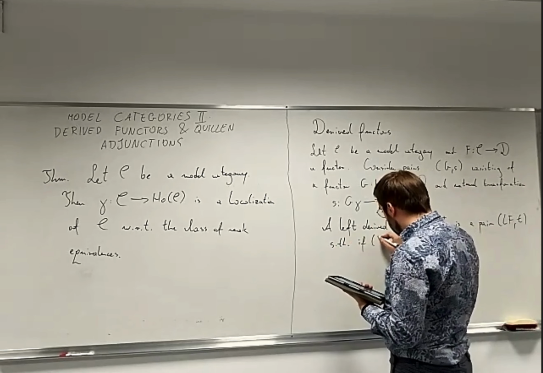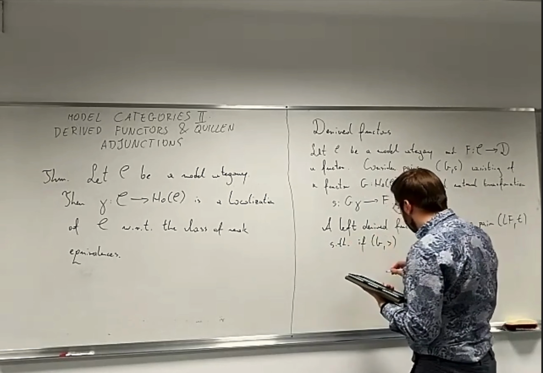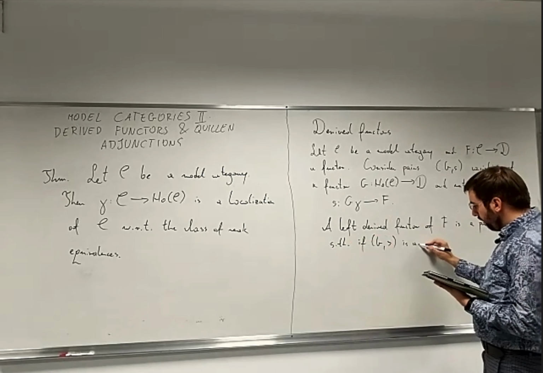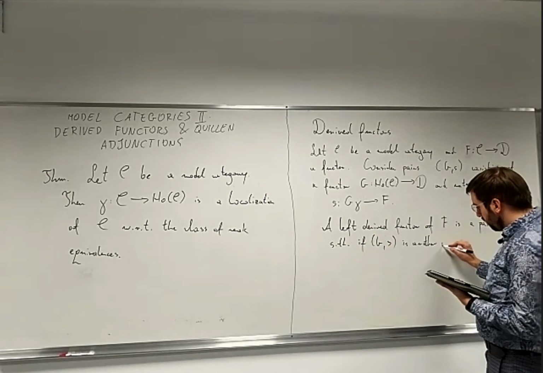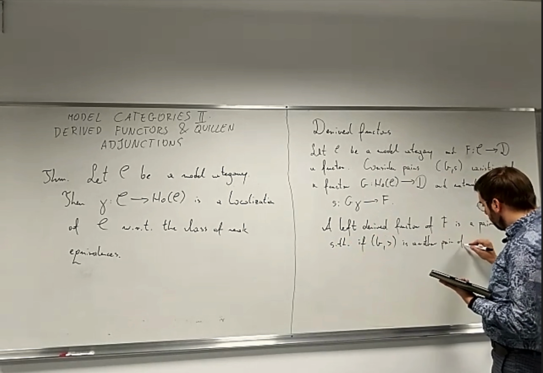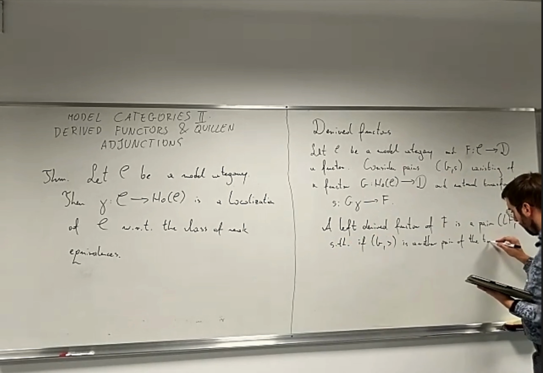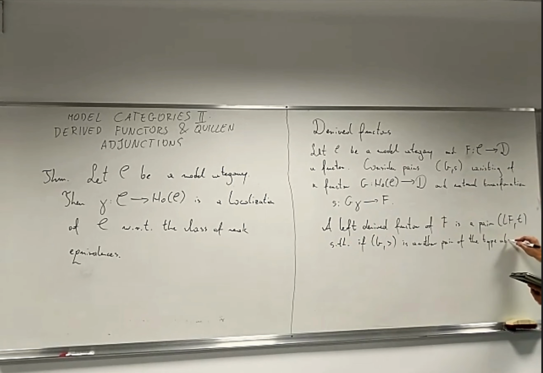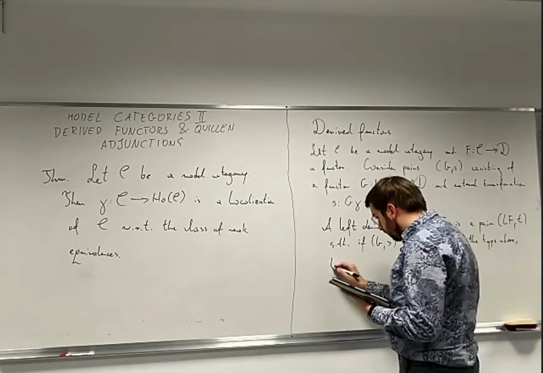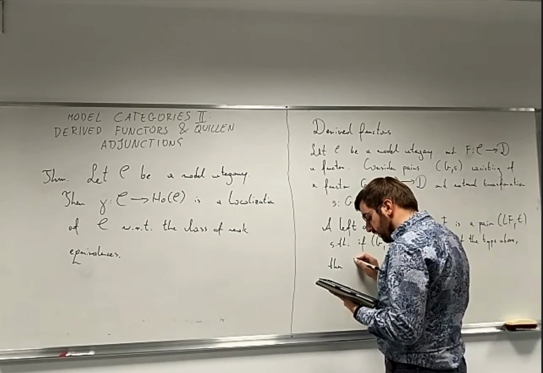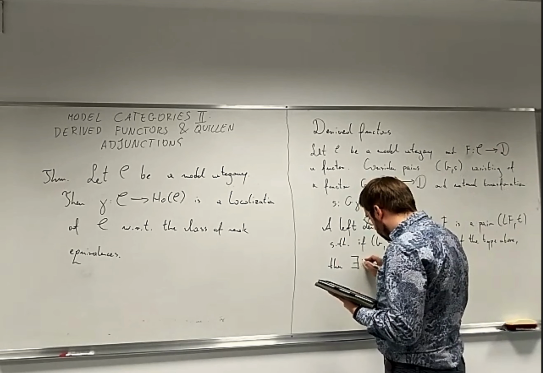So if, once again, we have G', S' another pair of the type above, then there exists a unique natural transformation.